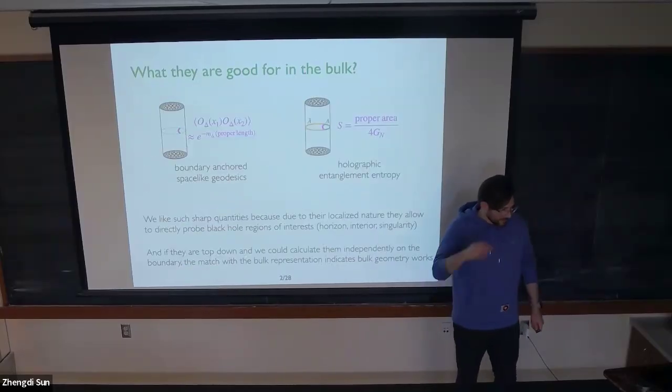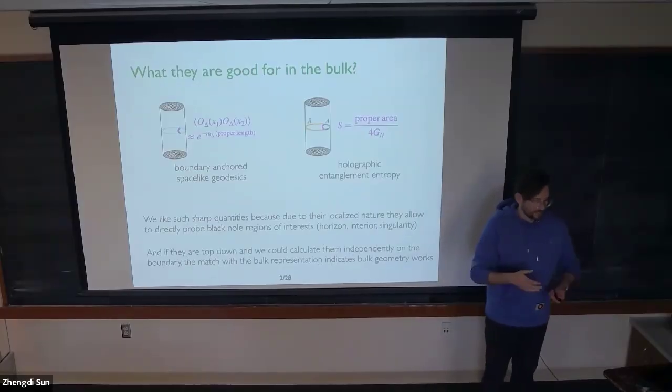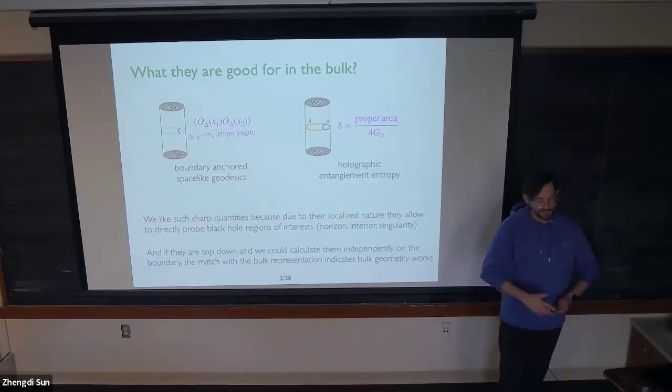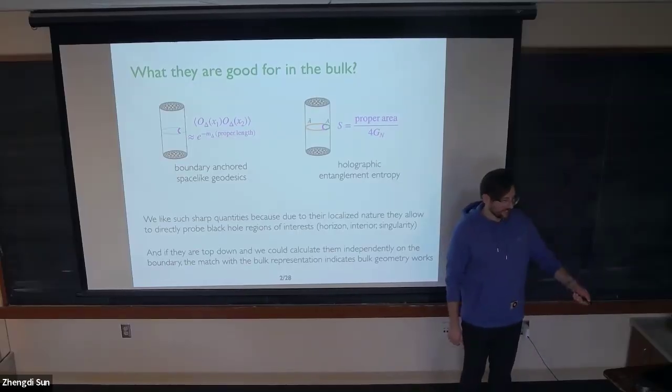So let's go. Of course you can ask yourself a question: why are these things interesting? I would say, for various reasons, but one particular reason that is relevant for whatever I want to tell you is that such sharp quantities are interesting because, due to their not entirely delocalized nature, they allow us to directly probe black hole regions of interest.